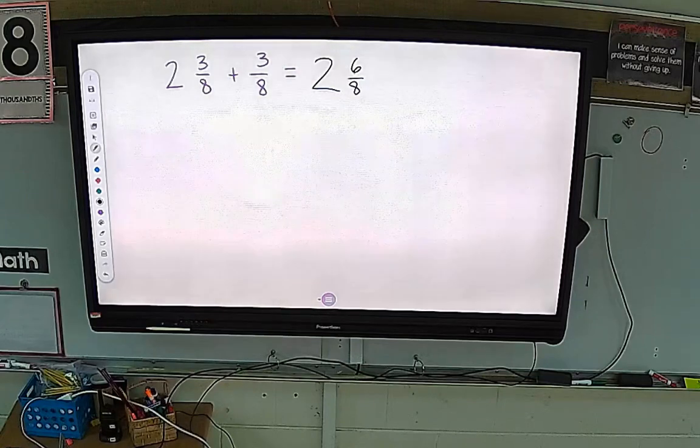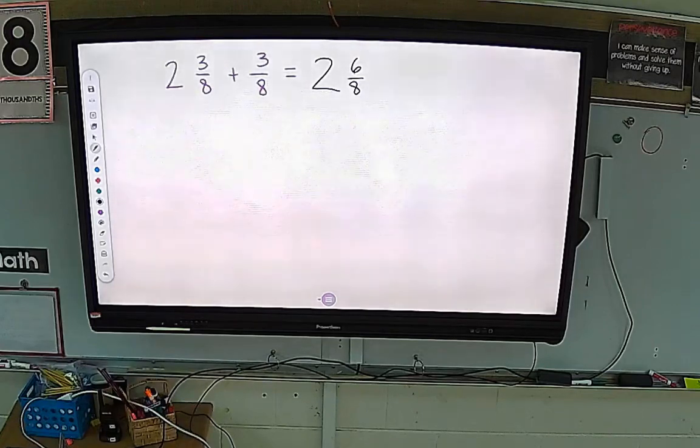What do you think? We want it as a mixed number. You might get your adding wrong when you add like 3/8 plus 3/8. Well, you could make a mistake. But even if you did all your adding correctly, what could happen?